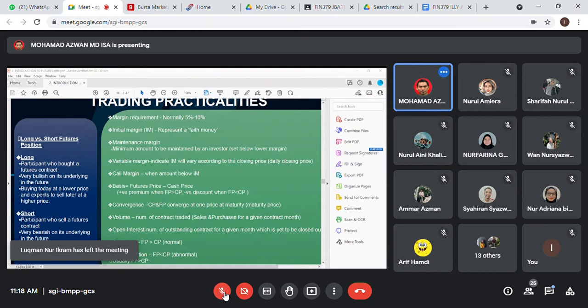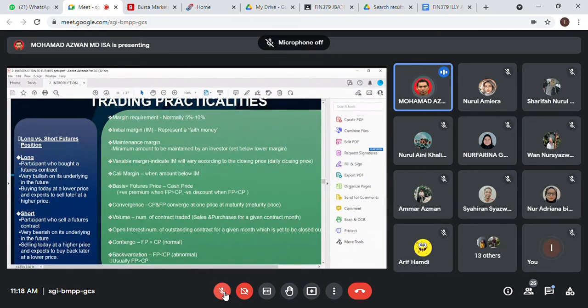Every day, for futures trading, they can consider profit or loss on daily basis. Okay, every day you can tahu berapa profit you or berapa loss you. Okay, on daily basis. Okay.